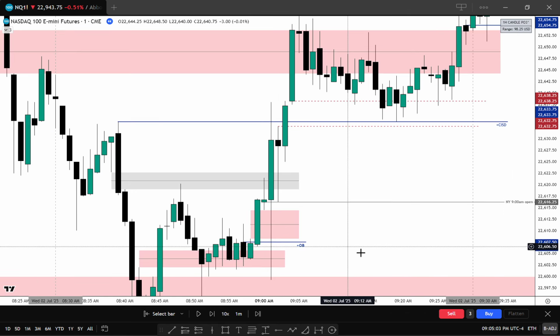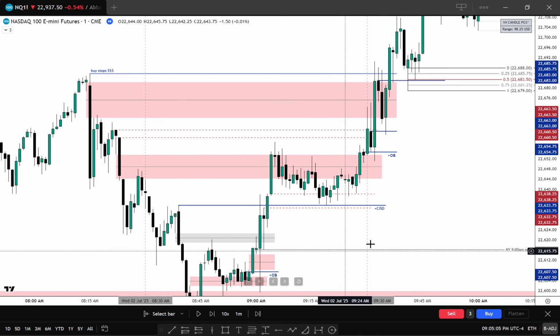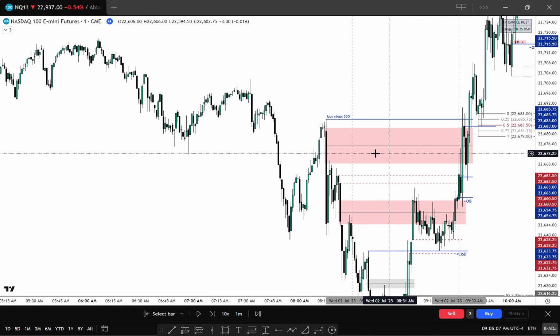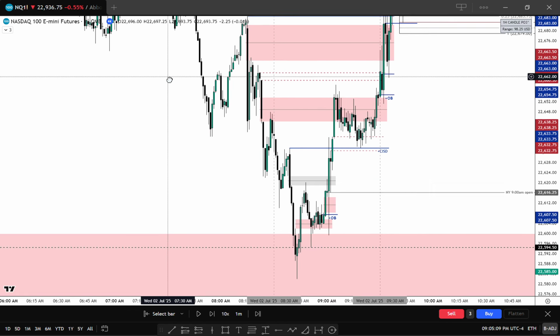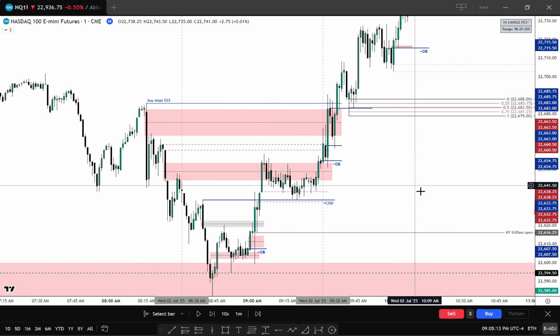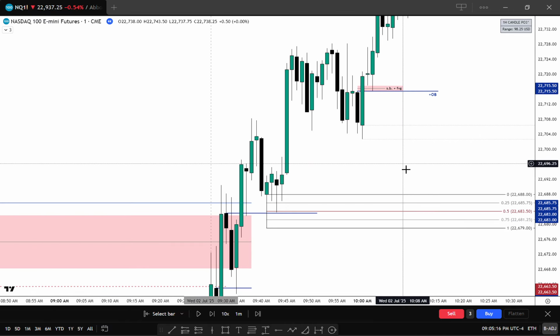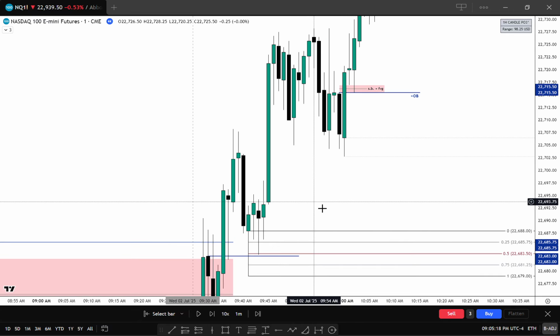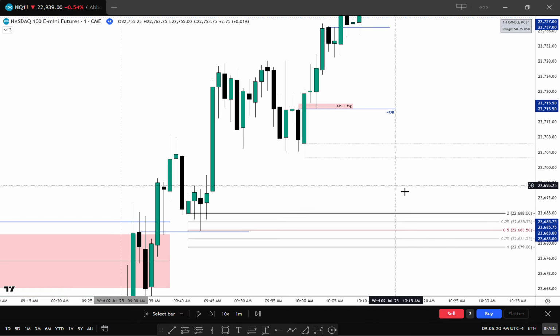So this would be your rejection block, which in this case did not get tapped into. So if you study rejection blocks, you know that the higher probability ones occur at the external range of the range, right? Internal range rejection blocks, not really something I look at.